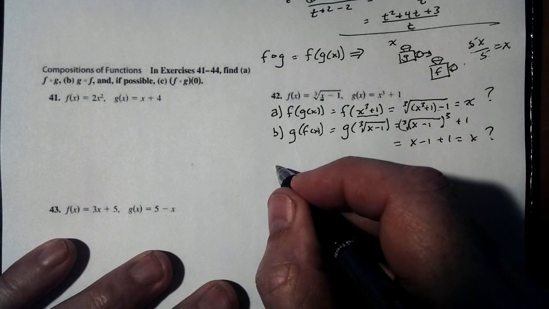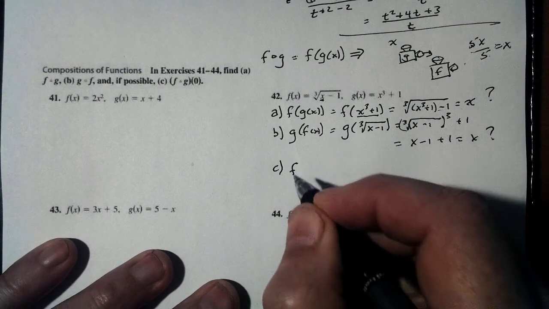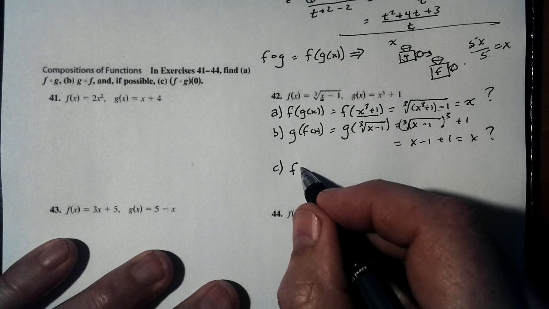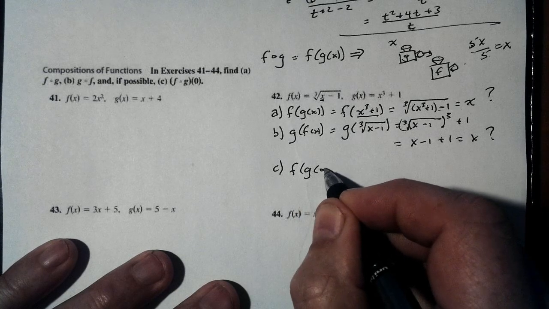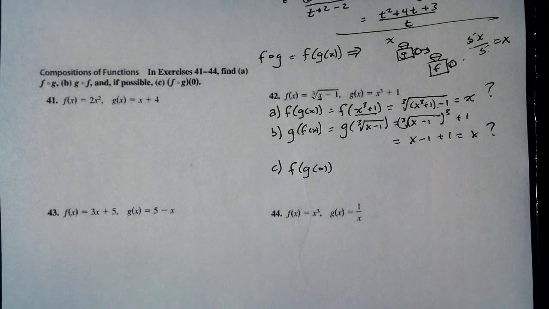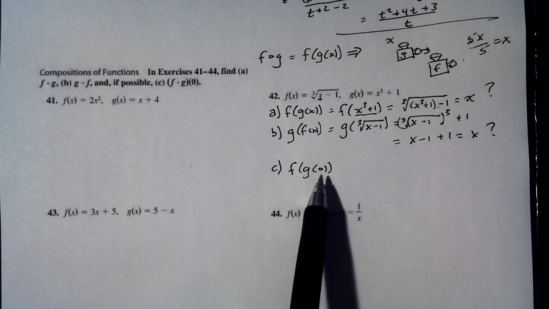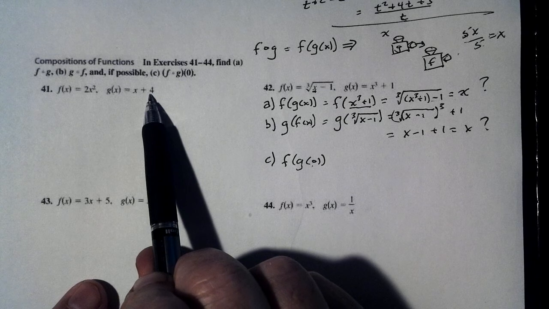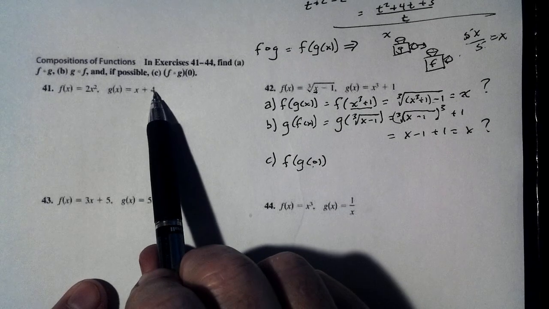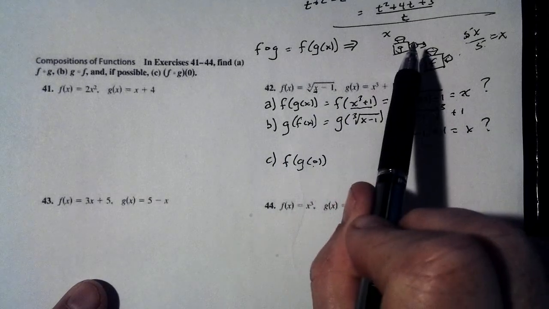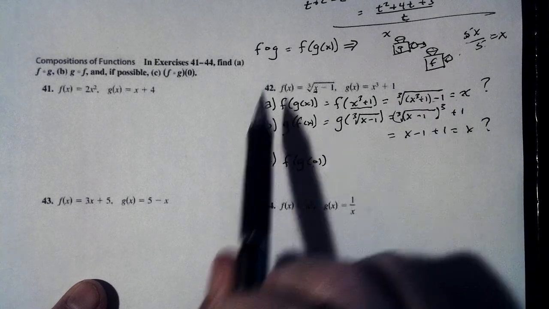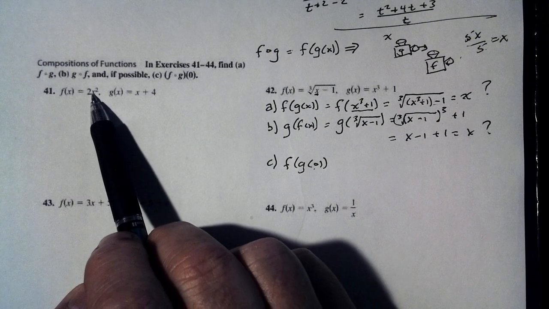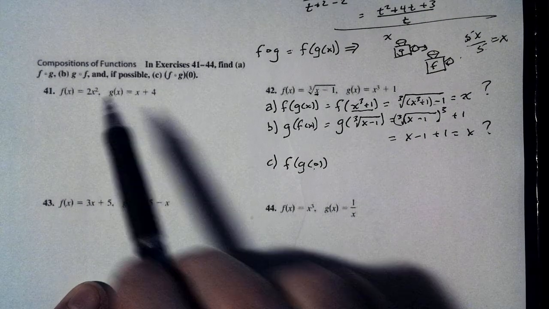And then we're supposed to find c, f of g of 0. Now, what we could do is, watch this, we could put 0 into g, and we get 4, clearly. And then take that 4 and put that into f, and I get 2 times 4 squared, 2 times 16, 32.